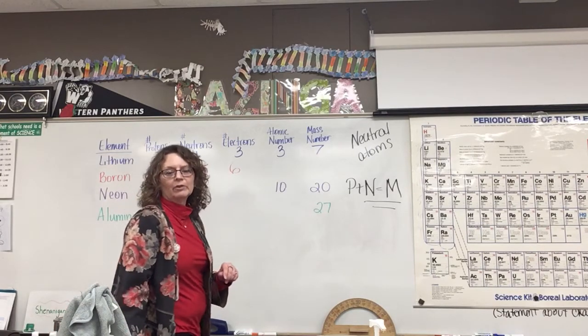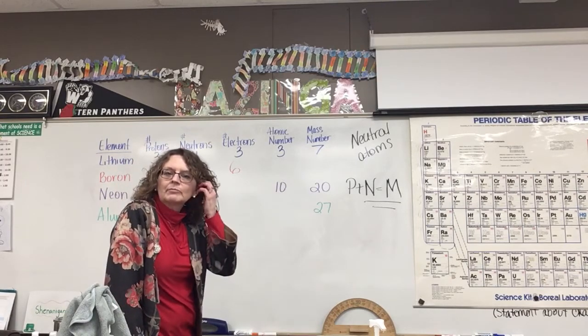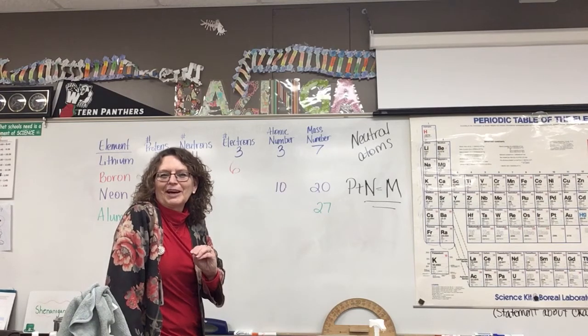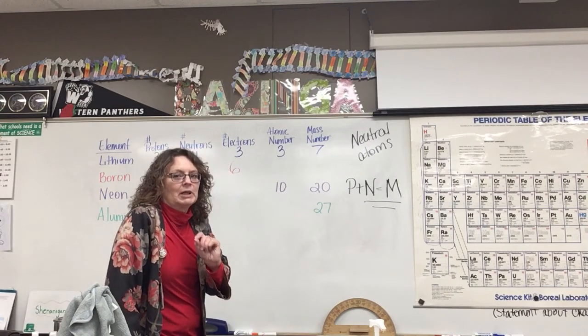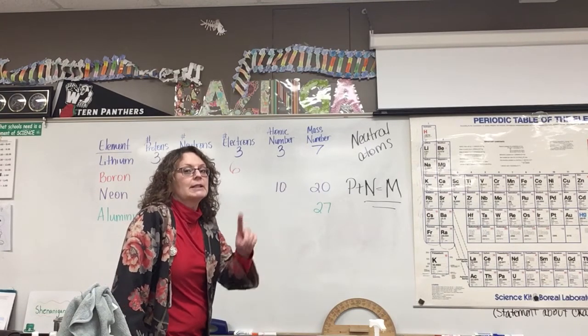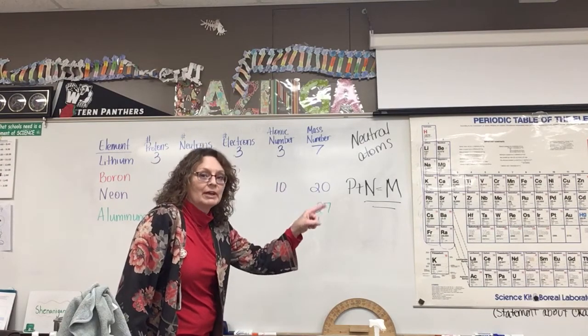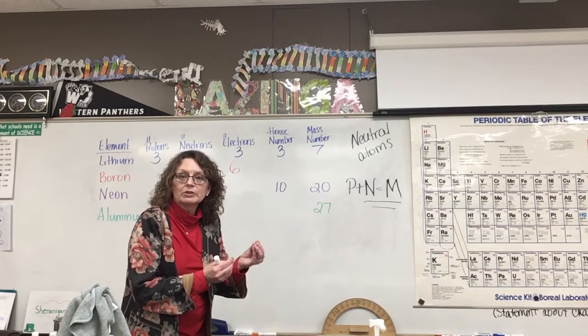All right, let's try boron. Boron, I've only given you the neutrons and electrons. Can you use that electron number to identify the atomic number and the number of protons? Yes, you can, because the atomic number is the number of protons, and in a neutral atom, it is also the number of electrons, because we want to have the same number of charges.